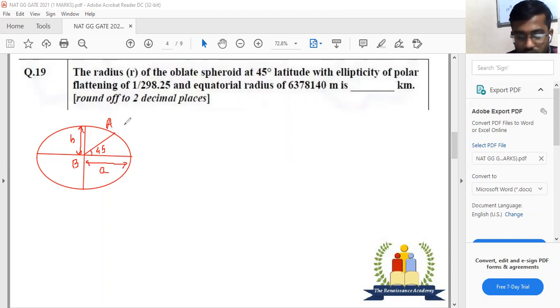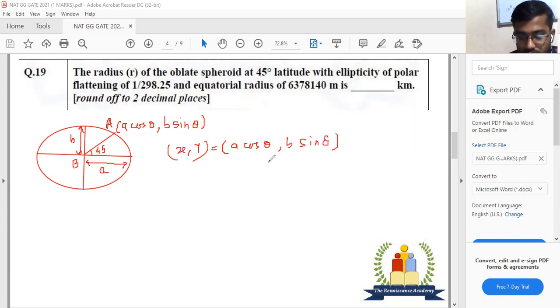So now we can write the coordinates for A that are defined, that is A cos theta for x axis, and for y that is B sin theta. The coordinates of A, so you can say xy equal to A cos theta and B sin theta.